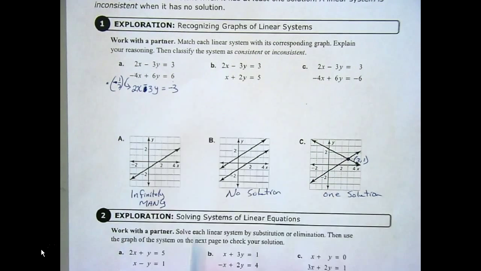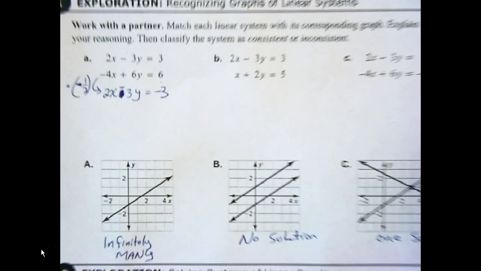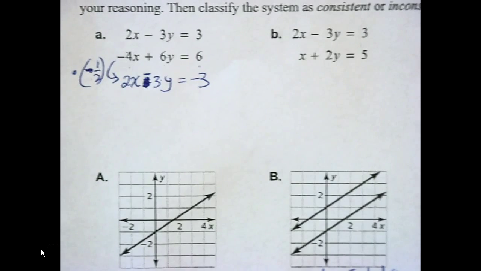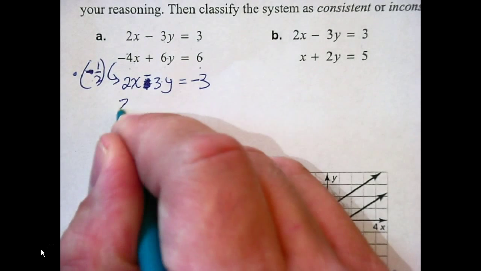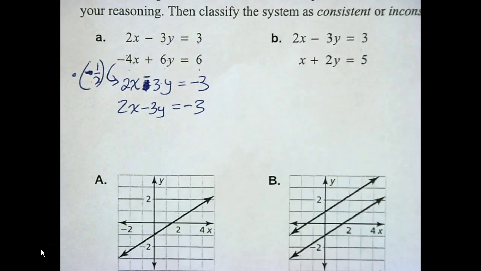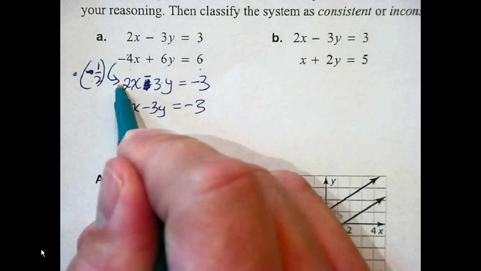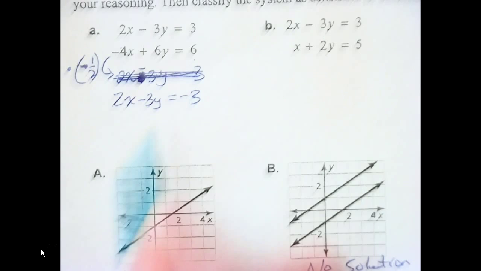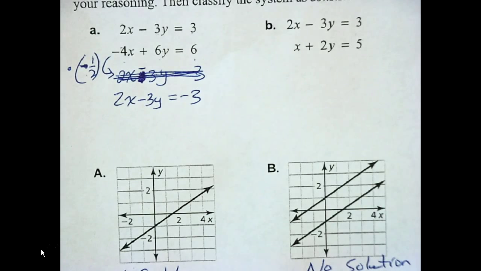Okay, how many are with me on what I did there, reducing? Let me rewrite that so it looks nice and clean. What's the benefit of doing that? Okay. Any others?